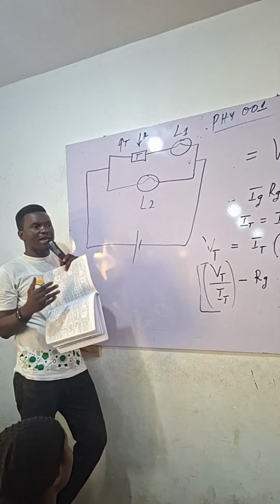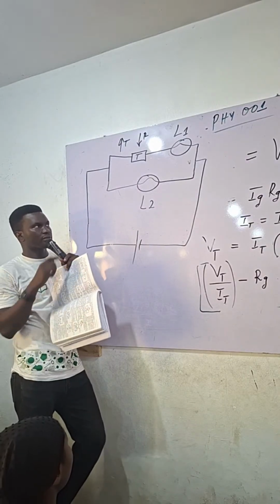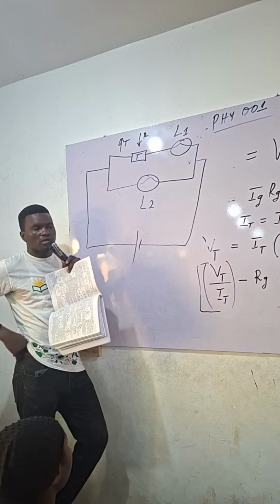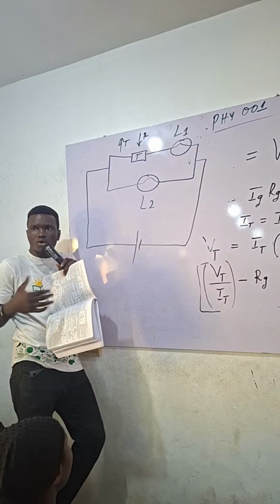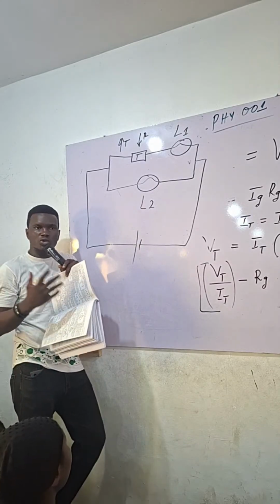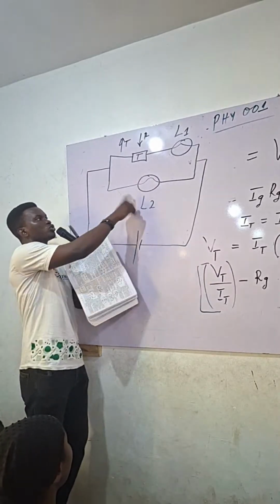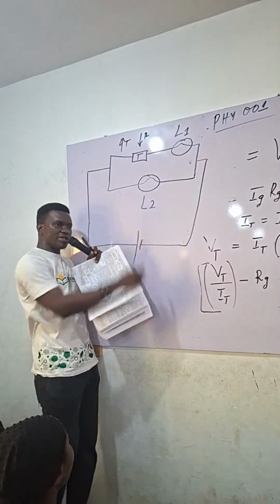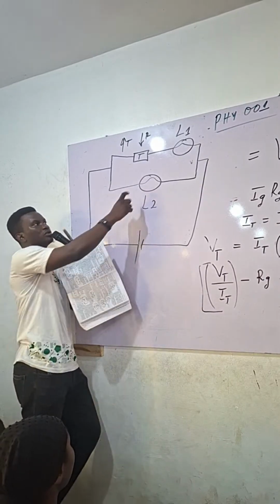Will the brightness increase, remain the same, or decrease? It will increase, because now there will be more current flowing, so it will get brighter. Do you get that? For this one, will the brightness increase or decrease? For this one, why?